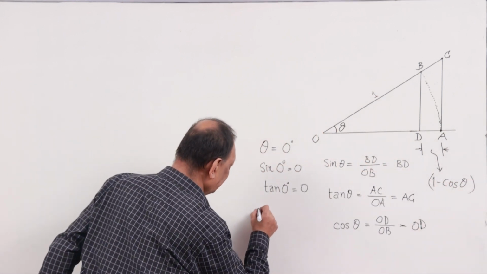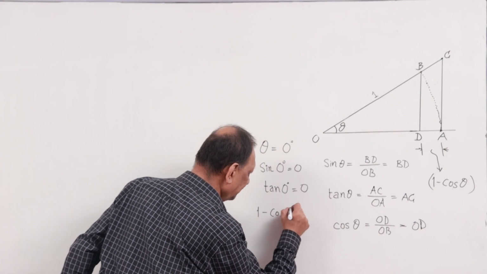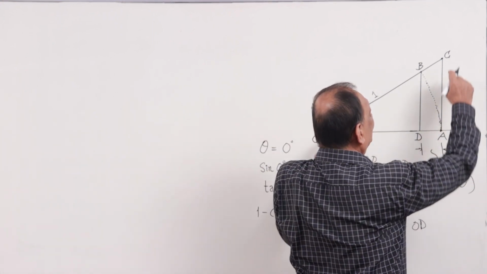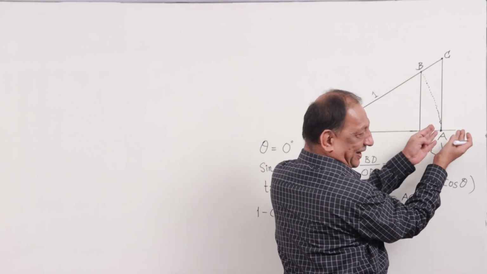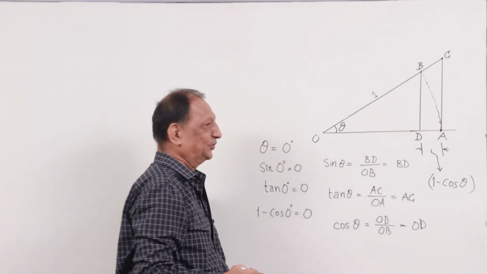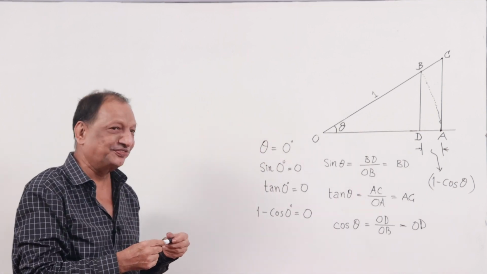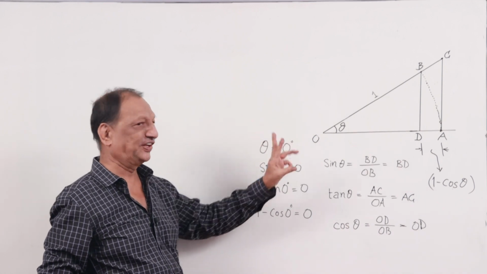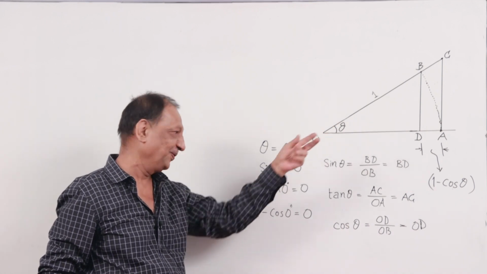And so, what is the value of 1 minus cos 0? If we don't start at all, D is actually at A only, so AD is still 0. So this is also 0 only. Now I got four values, all of them are 0 at 0. Theta is 0 at 0.